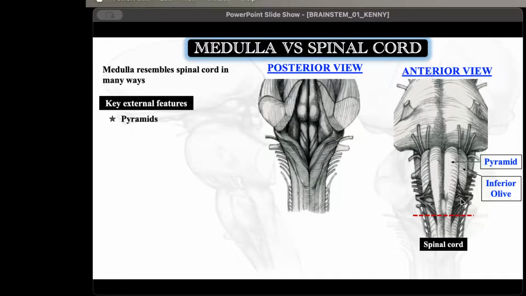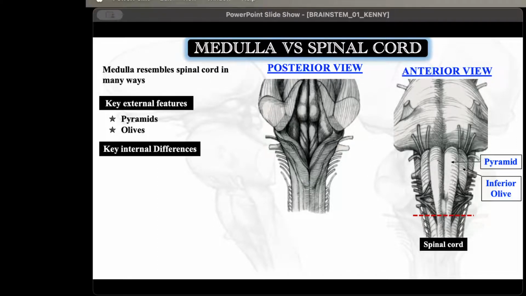On the caudal end, it's not very much appreciated, but it's still limited to the medulla, so it's not seen on the spinal cord. So these two are the most distinctive external features as you differentiate medulla and the spinal cord.